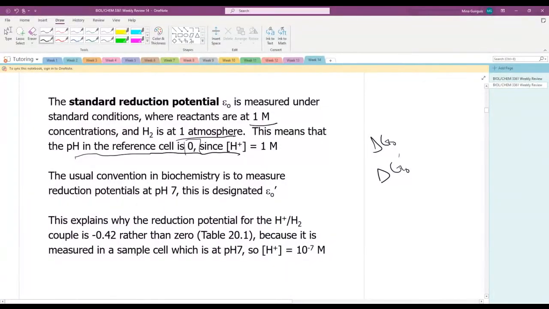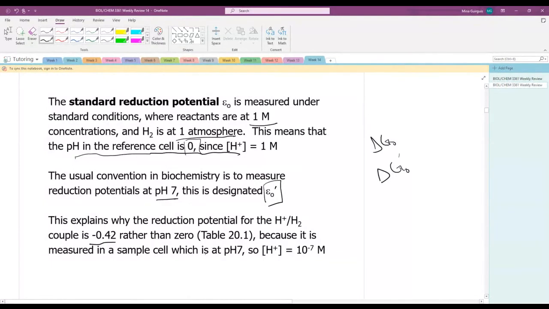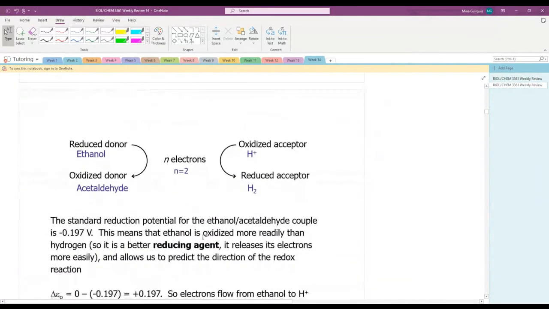Because in biochemistry, we care about pH 7, we use E, or I should say it's really epsilon, I keep saying E for convenience, epsilon not prime. And so that's why, according to most tables, you'll see the reduction potential of H plus to H2 being negative 0.42 instead of 0, because of that pH difference.